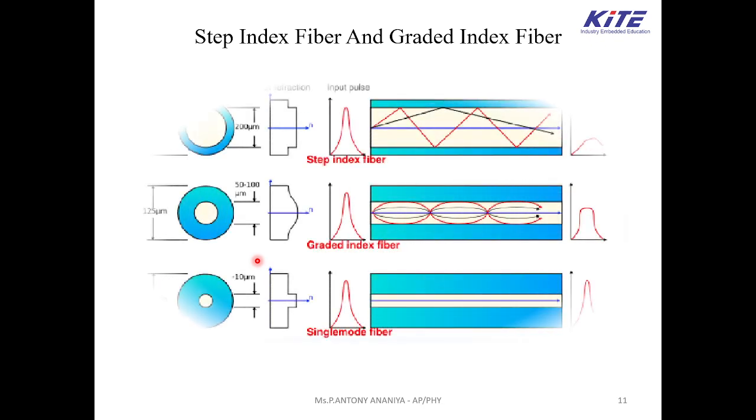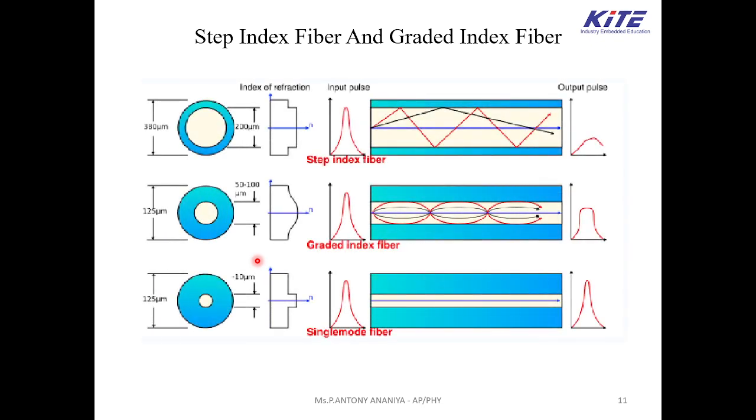So this is the difference between step index fiber and graded index fiber diagram. The first one is step index fiber. I already said step index fiber can be a single mode fiber. Step index fiber has a central core with a uniform refractive index, and an outside cladding that also has a uniform refractive index around the core, right?